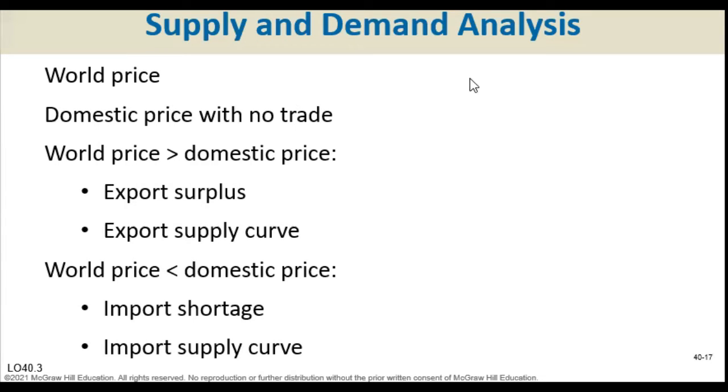Now we're going to shift to the supply and demand analysis. So if we apply supply and demand review to see how equilibrium price and quantity of import and export are determined, the amount that a nation imports or exports for a particular good depends on the difference between the equilibrium world price and the equilibrium domestic price.